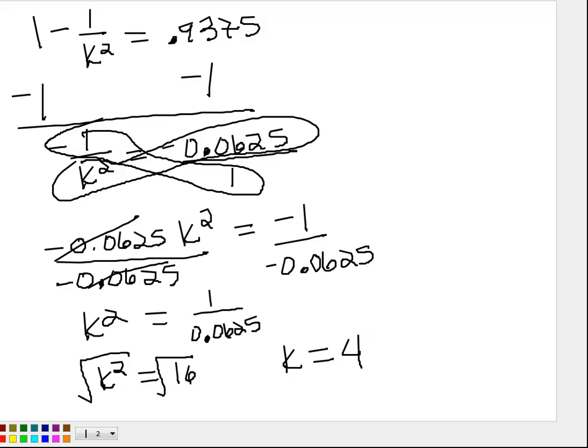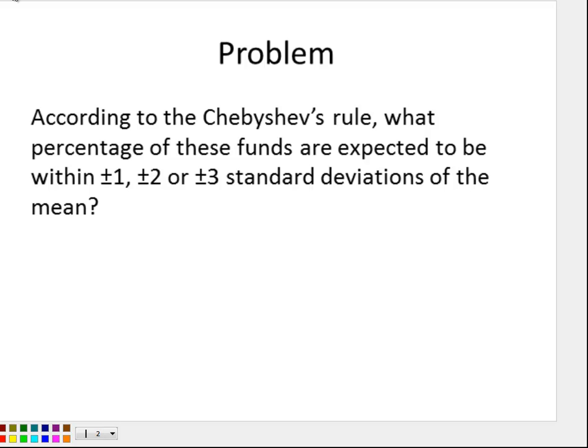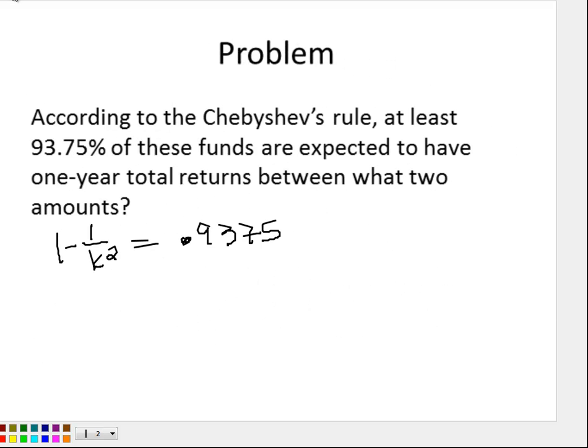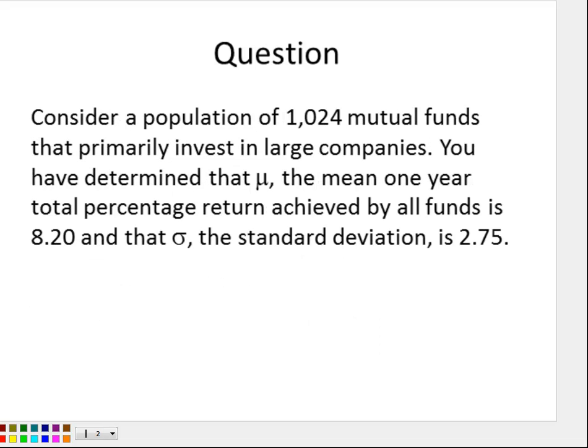So now that we know how many standard deviations we're going out, let's go back to the problem. I want to go back to the original problem. We know that the mean is 8.2, and we know that the standard deviation is 2.75. We know we went out 4 standard deviations.